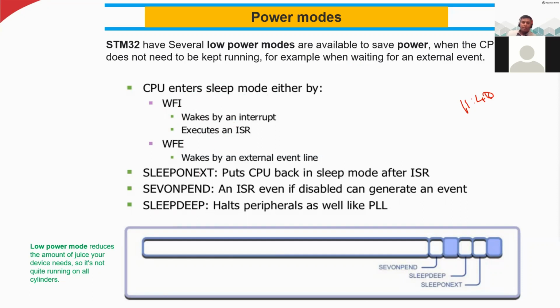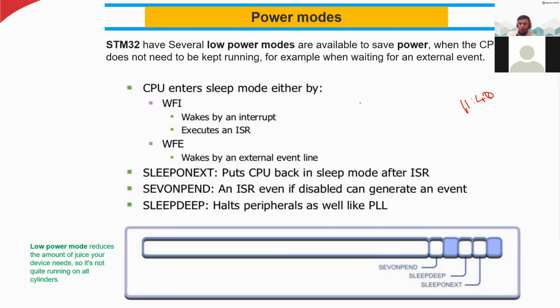And also we have the sleep mode, sleep on exit and sleep deep. So it's the same as our laptop or our computers. In our computer also we have the sleep mode and the screensaver and so on, right? So why do we have the sleep mode? If you are not using the computer for quite some time, it will automatically go to the sleep mode to save the power.